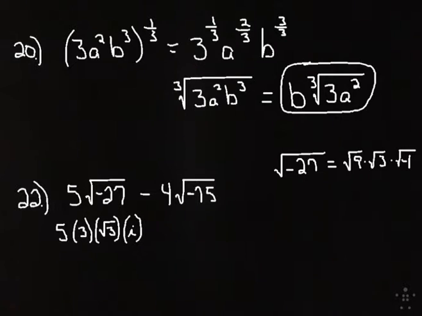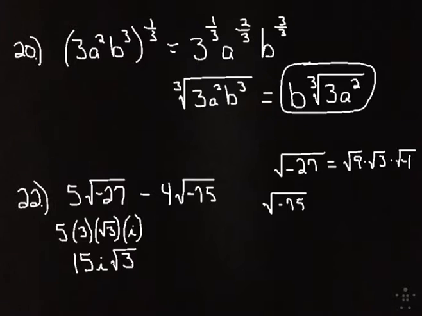i. Now, let's multiply that. What's 5 times 3? 15 times i. We can work that. So that's 15i times the square root of 3. Now, let's see what the other part simplifies to. We got minus 4 square root of negative 75. Well, I don't know what the square root of negative 75 is, but what's a perfect square that's a factor of 75? 25.